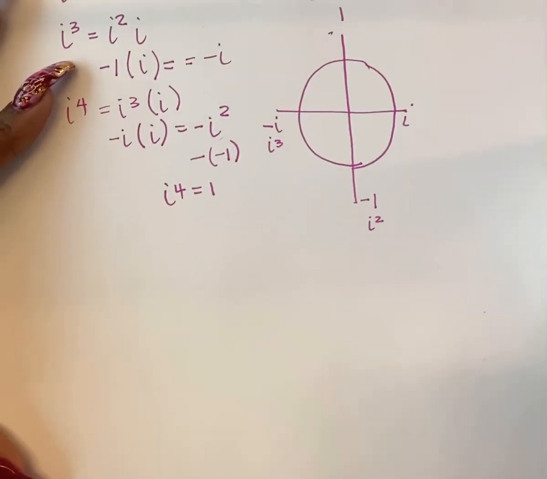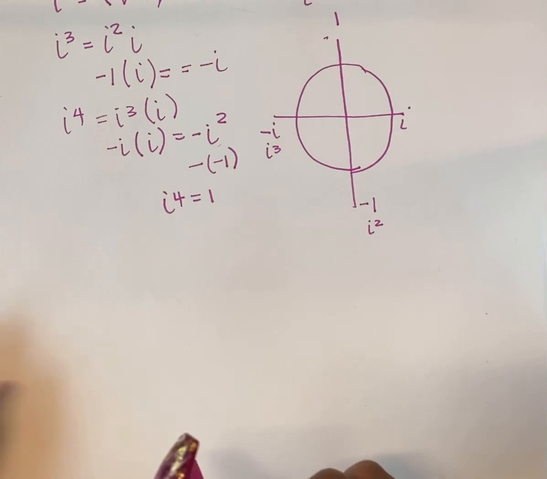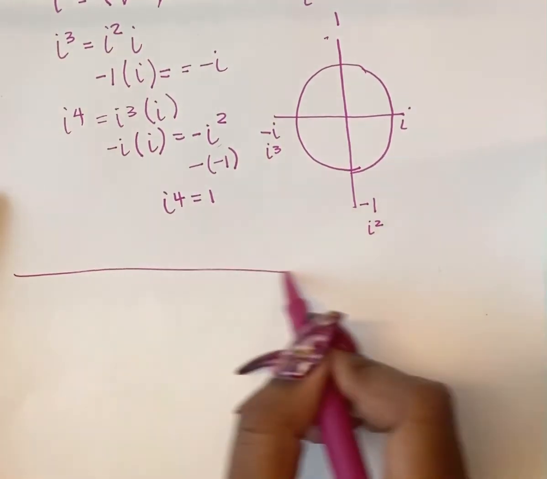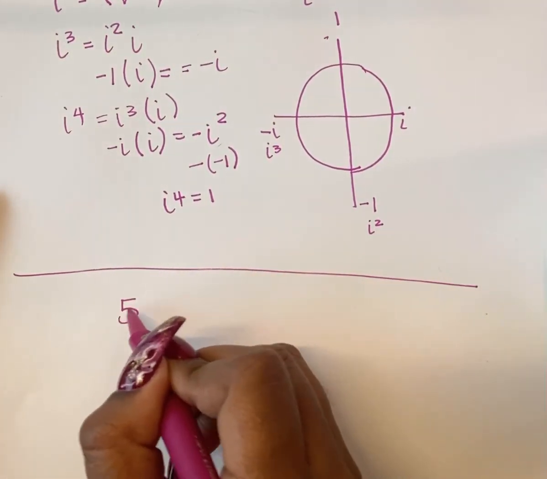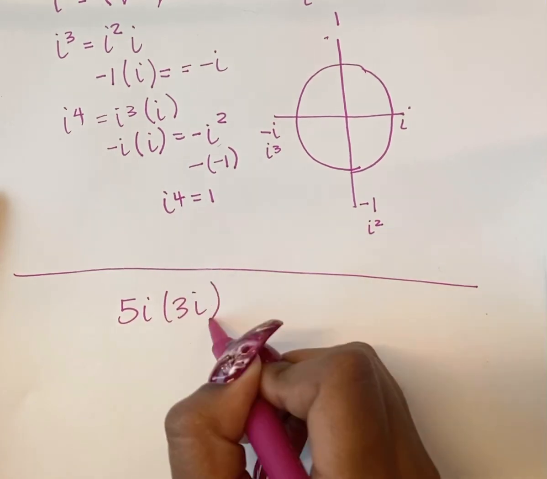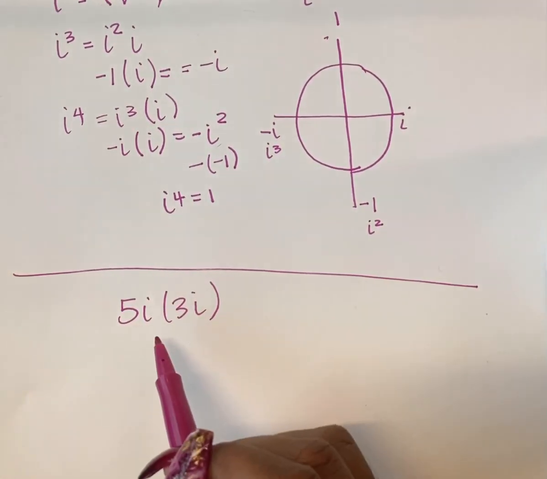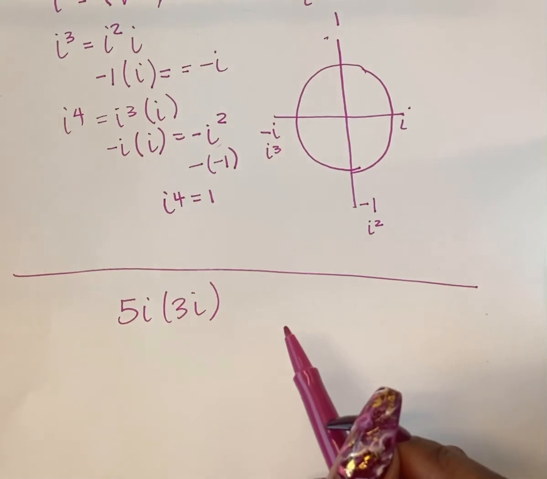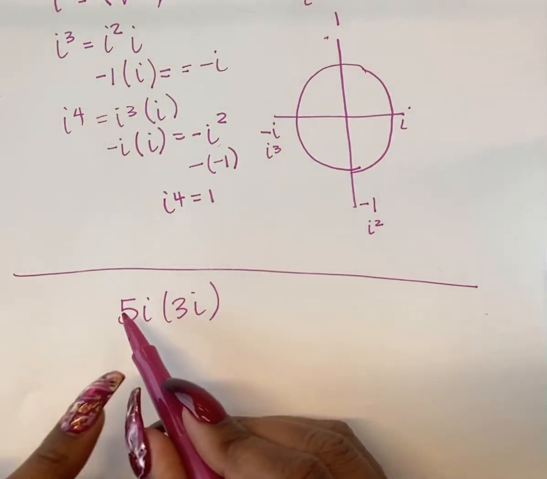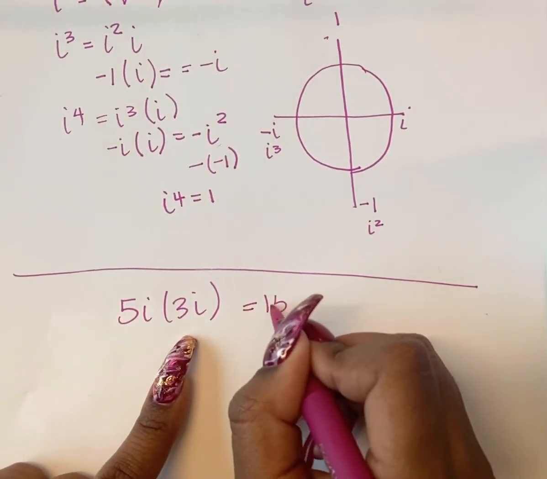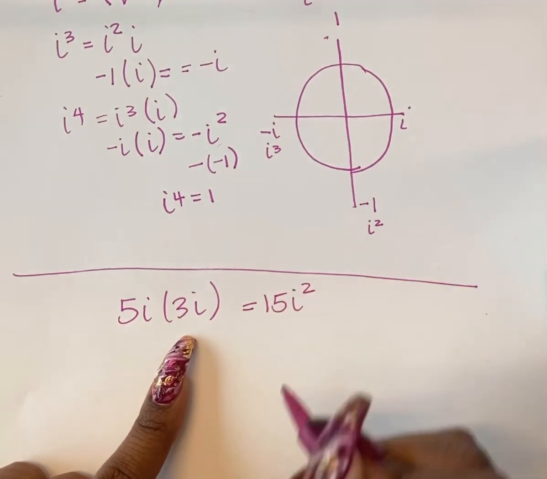And so now we're going to look at actually multiplying. Say I have 5i times 3i. These are both complex numbers. They both have the i there. You're going to multiply just like you did when you had polynomials. So 5 times 3 is 15, and i times i is i squared.